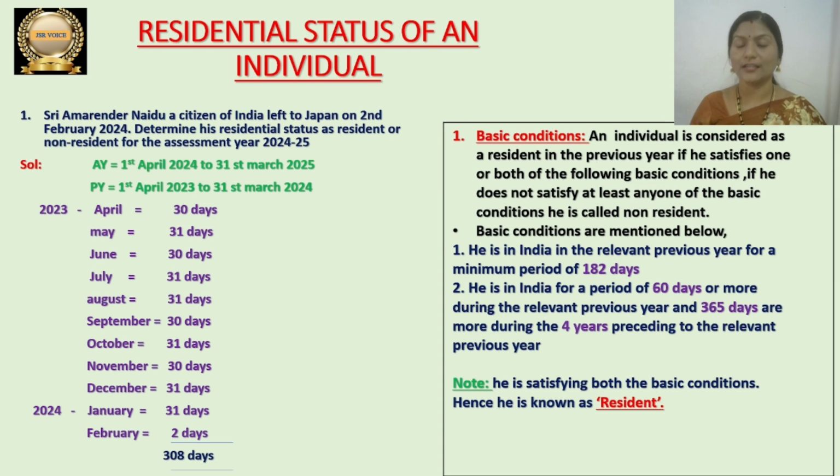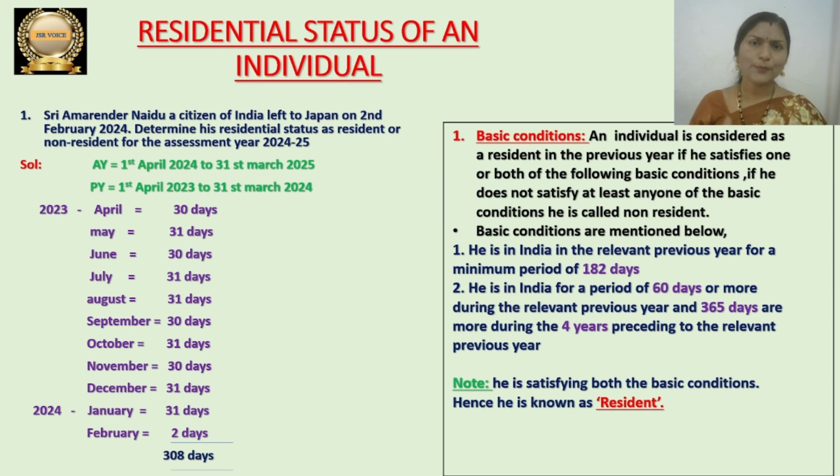At present, our assessment year is 1st April 2024 to 31st March 2025, a 12 months period. Assessment year means the year in which tax is imposed on that particular person.